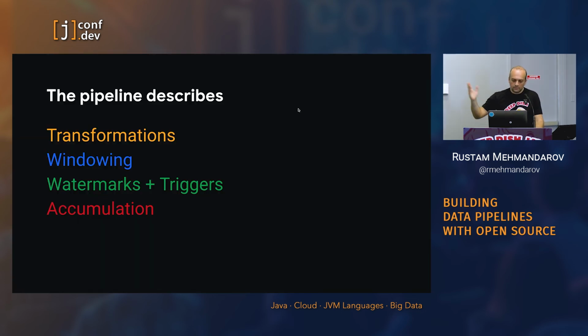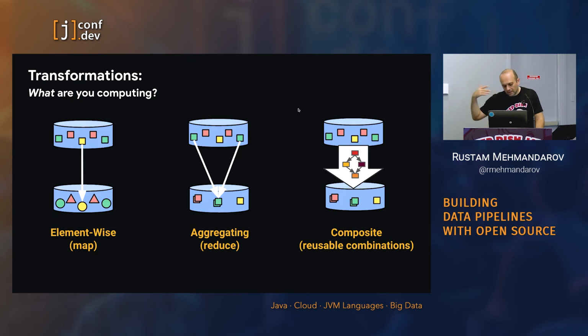Apache Beam has a few cool things. It can do transformations, we've seen that, but it also can do windowing, so you can have a sliding window to look at the data. You can also add watermarks and triggers, so when the data comes in, you do different things. You can also accumulate data. And then you have different ways of processing that.